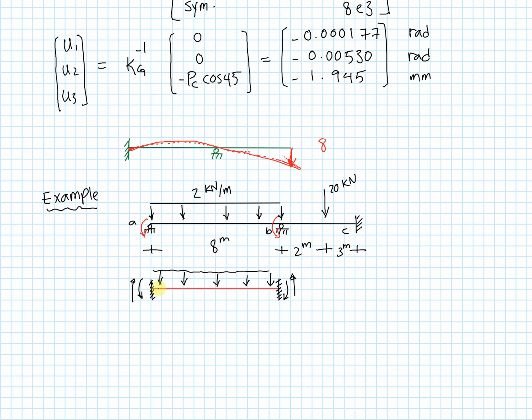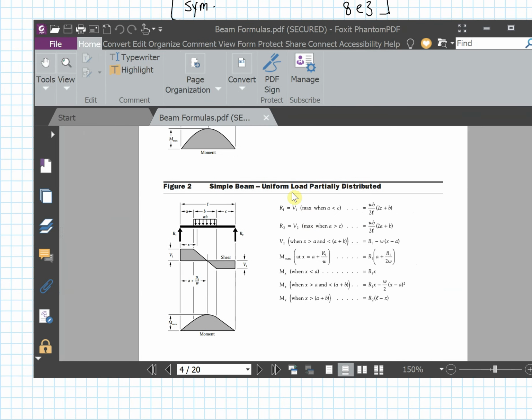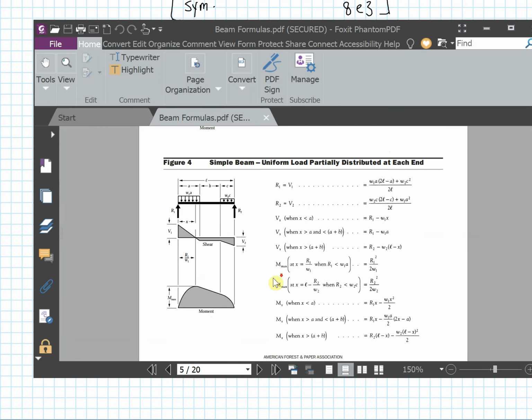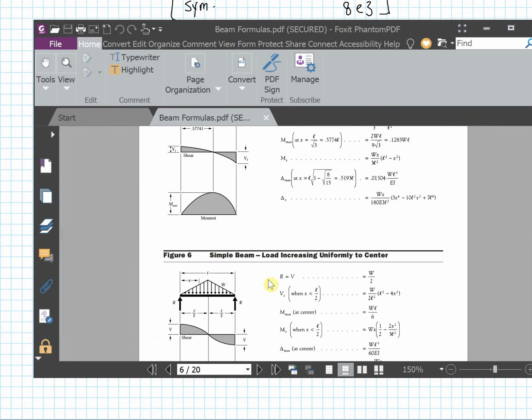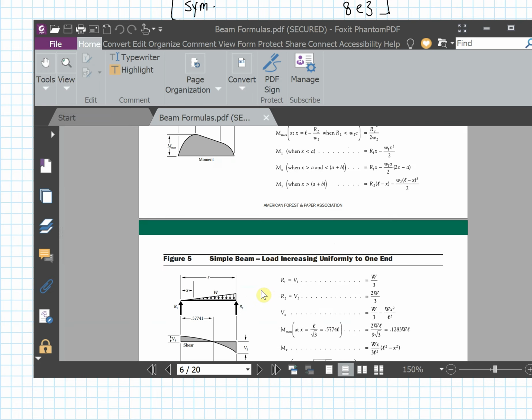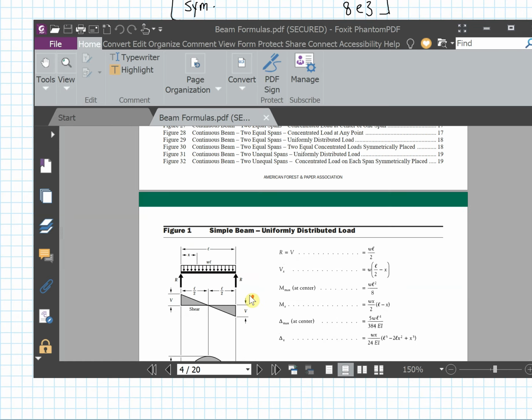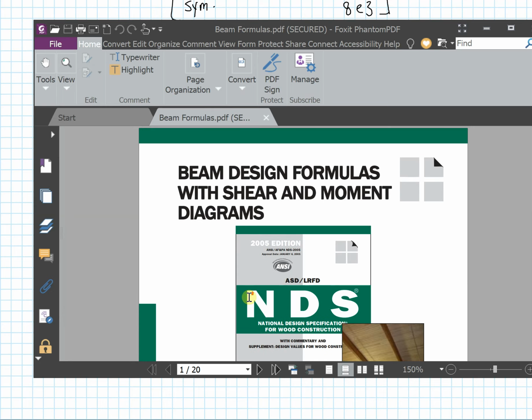So to do something like this, you need to obtain one of these beam formula documents that identify and demonstrate all sorts of very useful information with different types of beams and different types of beam loadings. And this document that I have is a very useful one.